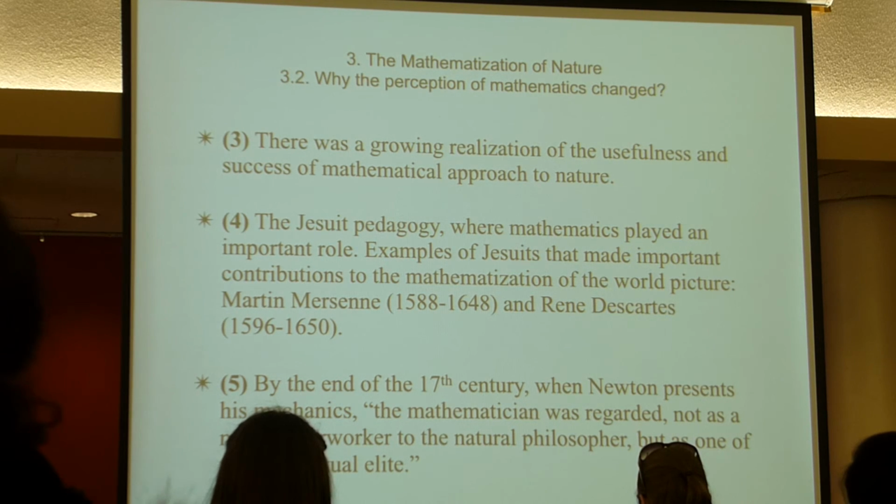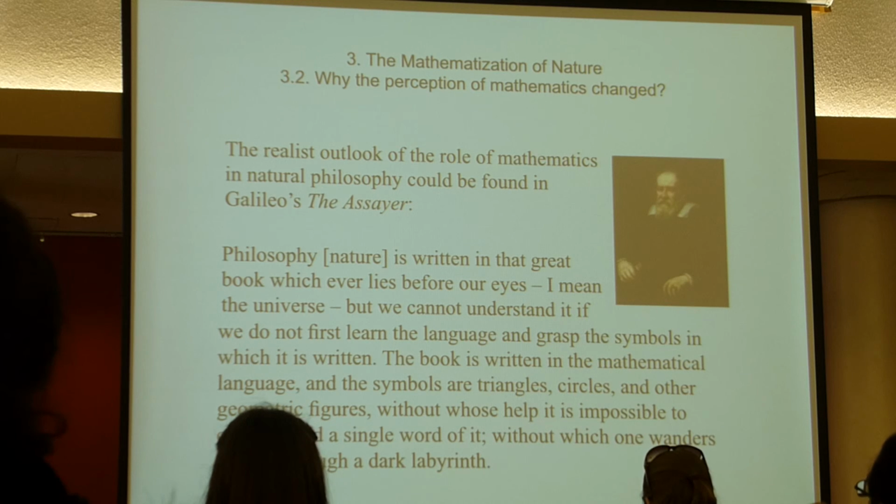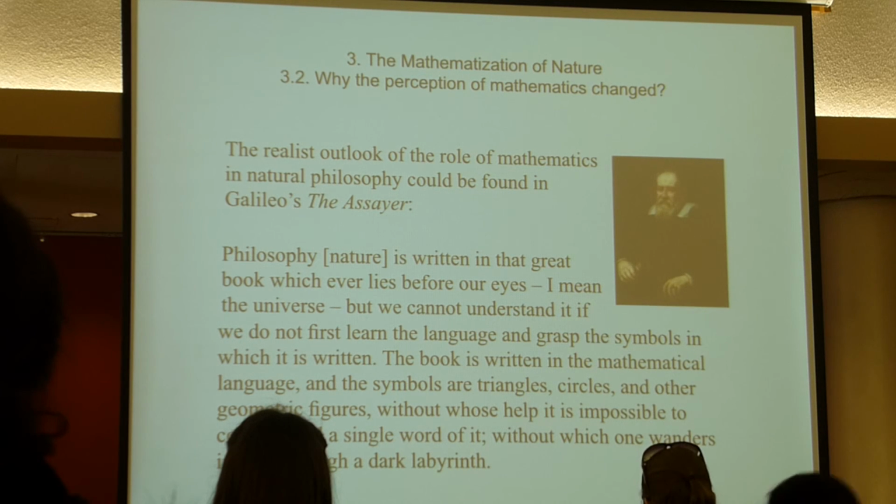And to conclude this part, this quotation maybe says more than anything how mathematics became very important. So Galilei says: philosophy, meaning nature, is written in that great book which ever lies before our eyes, the universe, but we cannot understand it if we do not first learn the language and grasp the symbols in which it was written.